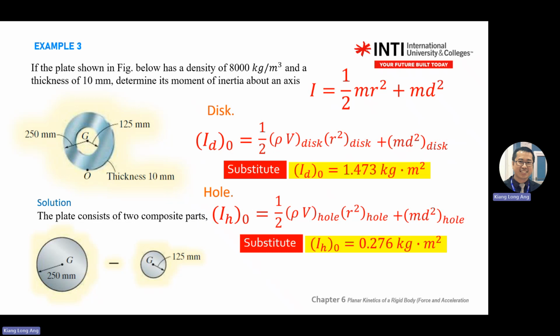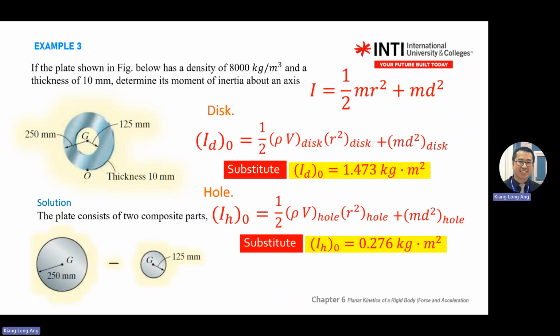So in these slides, you see there's a D bracket O. It means it refers to O. Just now I asked you to cancel the D because you're looking at G. But if the question asks you what is the moment of inertia at O, then you need to put in the complete equation with a D there. D from where? D from the observer to the center of mass of the object.